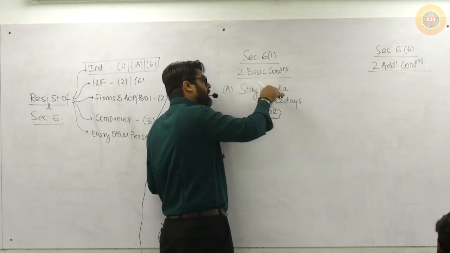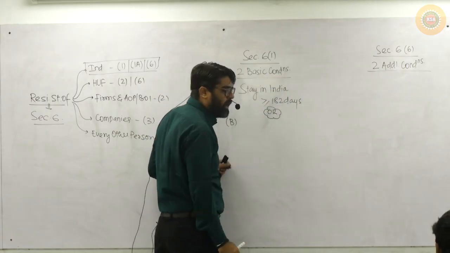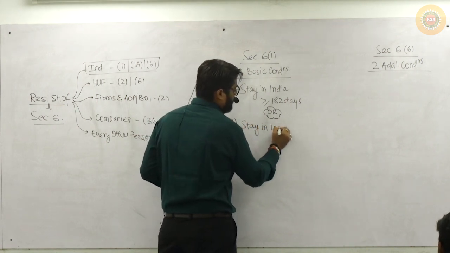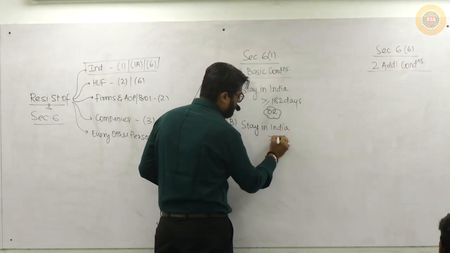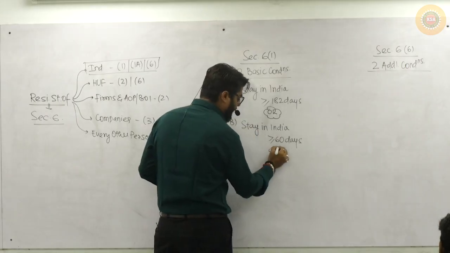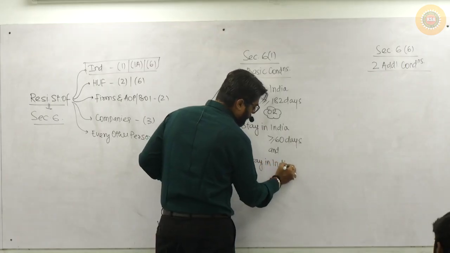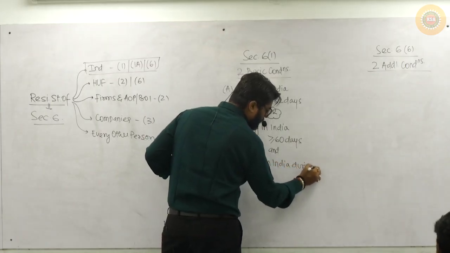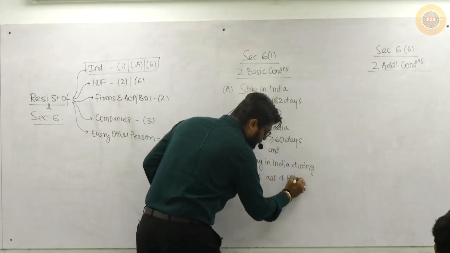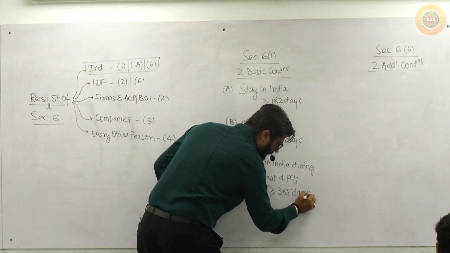If your stay in India is not 182 days or more, stay is less than what? 182 days, but your stay in India should be greater than or equal to 60 days during the relevant previous year, and your stay in India during the last 4 previous years should also be greater than or equal to 365 days.